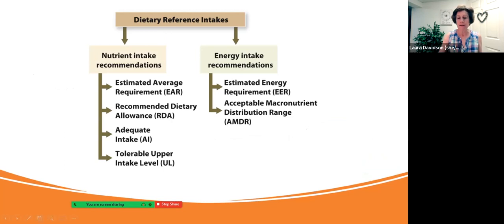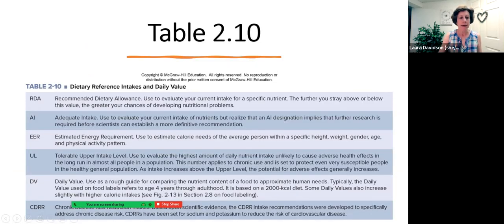We will be focusing on the recommended dietary allowance, which is your recommendation for a nutrient. How much iron do I need? The tolerable upper intake level, which is the level at which toxicity might occur. How much is too much? And the AMDR, which your textbook doesn't say a lot about, but I will say a few words about. So you can read more about this, focus on the RDA, the UL, the daily value we'll talk about with its connection to food labels.